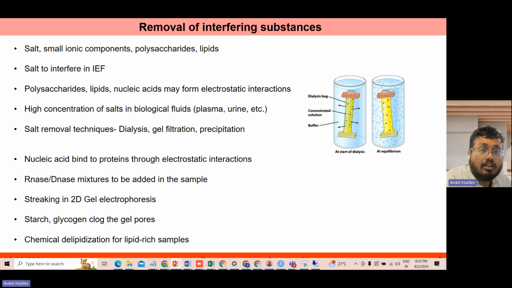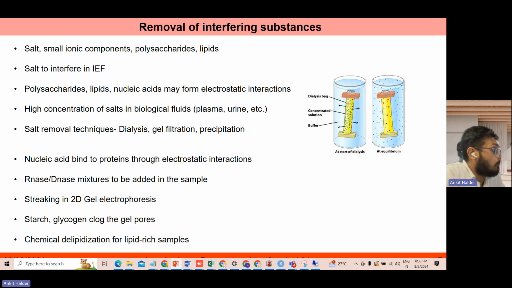As I keep mentioning, we will be seeing that there are kinds of gel patterns that are not desirable, and there is streaking that happens because of the interference of salt in isoelectric focusing, which does not allow the proteins to separate efficiently by isoelectric point, as well as during the 2D separation.